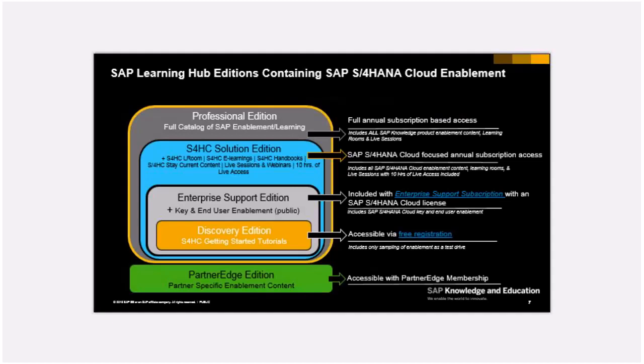With that addition comes 10 hours of live access inclusive. But it's specific to S/4HANA Cloud, so you would not get Leonardo or ERP Finance or anything like that. It's a solution-based edition.